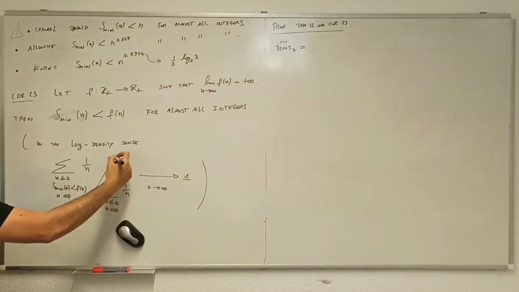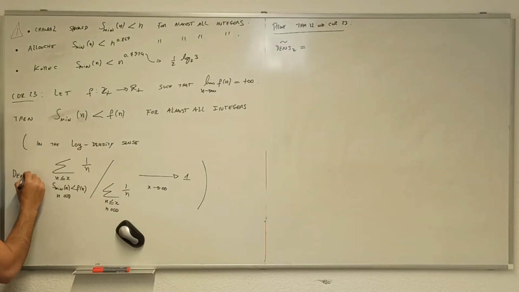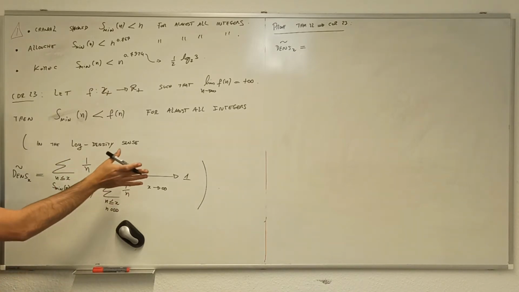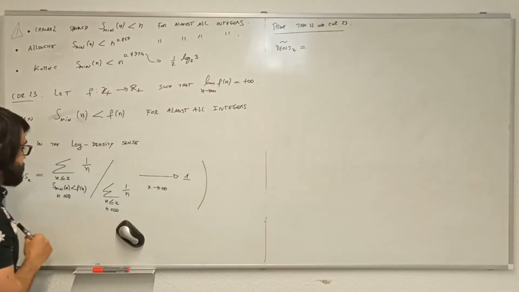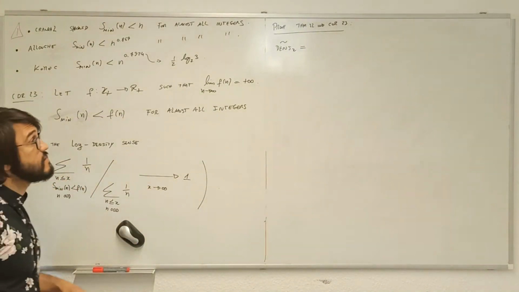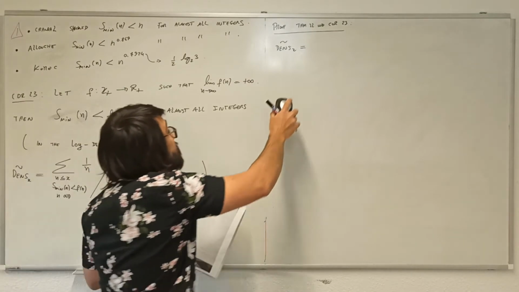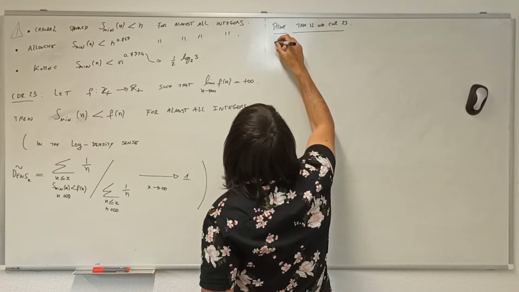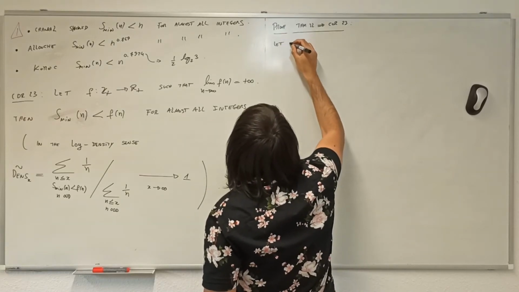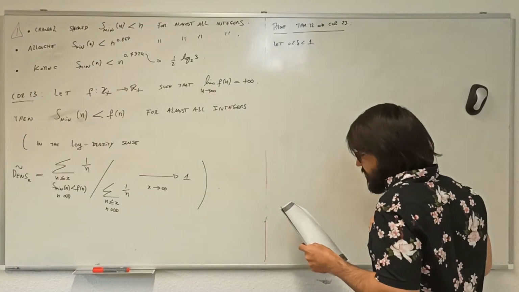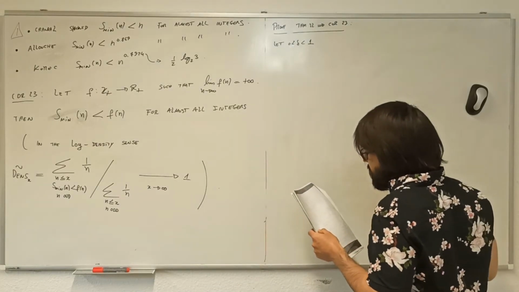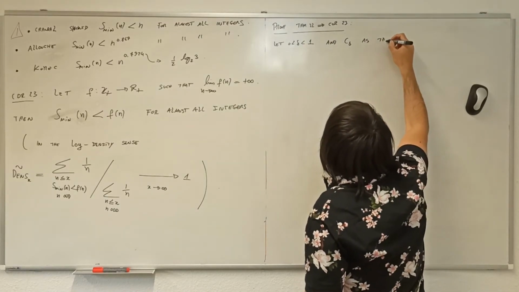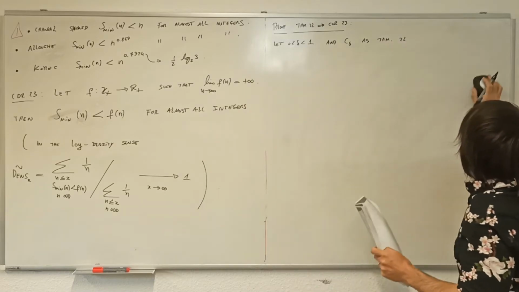So let me define this thing here as density tilde of x. This thing doesn't depend on delta, like the stuff that was written here that I erased. It's just depending on x. Now let delta be a number between 0 and 1, and you find c delta as in theorem 22, which I erased.